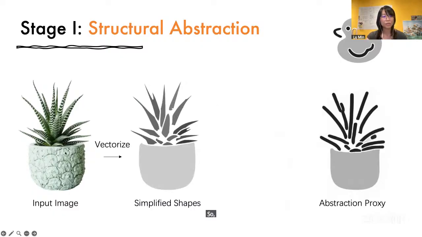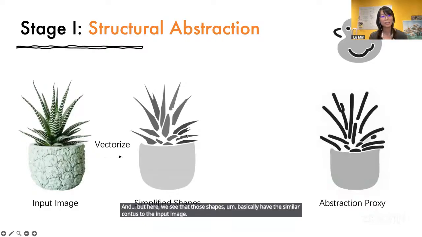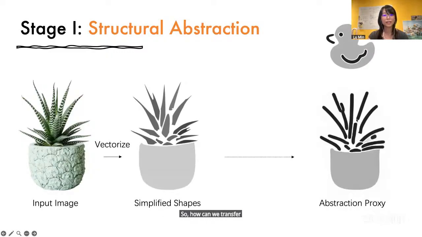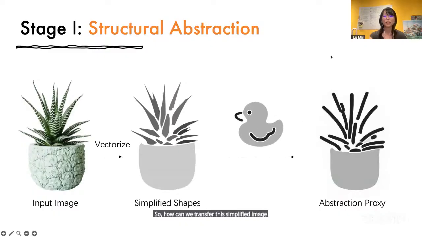We vectorize this image and then we get simplified shapes from it. But here we see that those shapes basically have contours similar to the input image, and it's far from what we want here. So how can we transfer this simplified image according to the reference and get this?